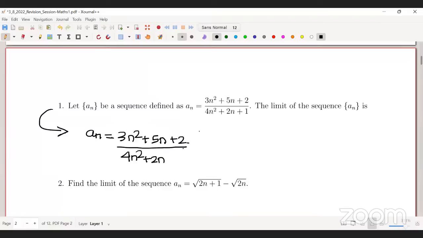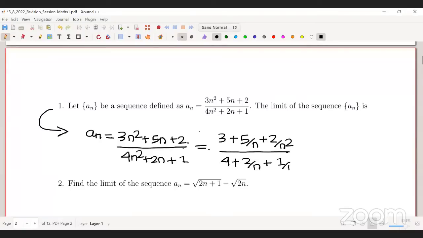This is the nth term of my sequence. I'll divide by n square in both numerator and denominator. Once I divide, this will become (5 by n plus 2 by n square) divided by (4 plus 2 by n plus 1 by n square).